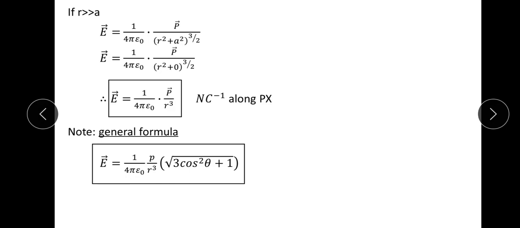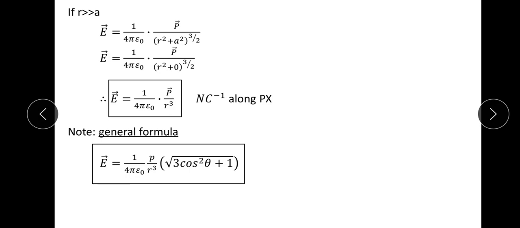Now, the general formula. What is the general formula? This is the electric field due to a dipole at any point around the dipole. This is the general formula for finding the electric field at any point near the dipole, where theta is the angle made by the position vector of point P with the dipole axis.